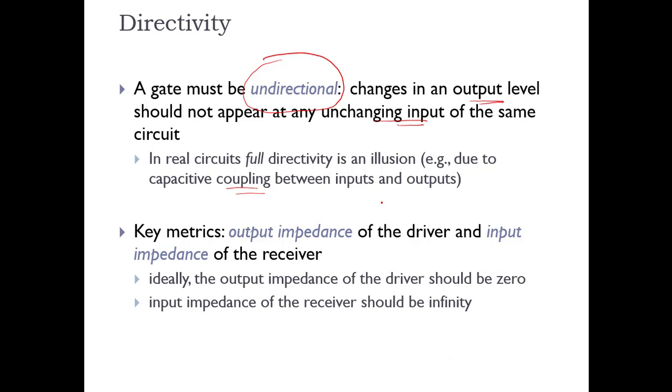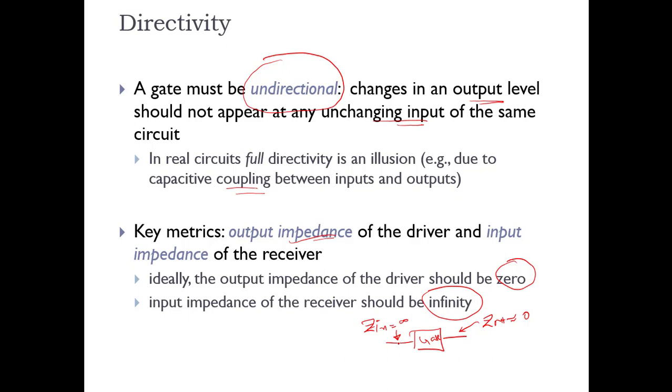So how can you reduce that disturbance? The output impedance should ideally be 0, and the input impedance should be infinity. So if this is your gate, at the output your Z out should be approximately 0, and your Z in should be approximately infinity.